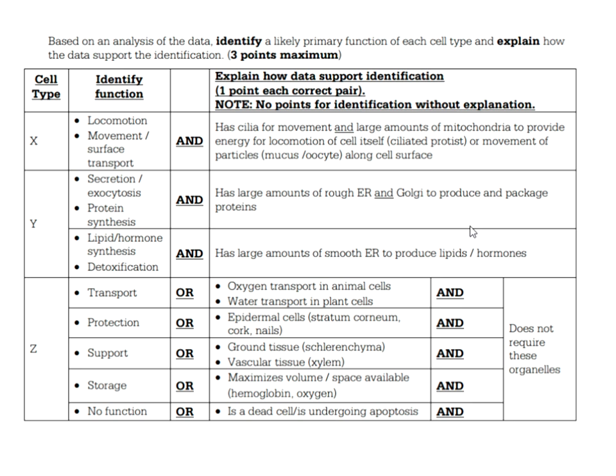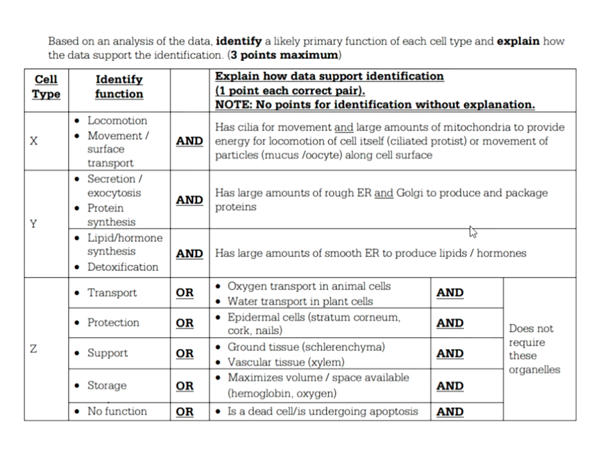Another option for Y that they would accept would be lipid or hormone synthesis, or detoxification, and the backup for that is because of the large amounts of smooth ER, because the smooth ER deals with lipid synthesis. And so that would be your explanation.